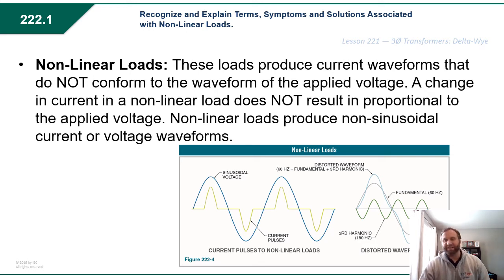In many cases, this becomes additive upon the neutral, especially in a Y configuration, which is where nonlinear loads are actually more of a problem. You don't have any problems with nonlinear loads in a delta configuration because the waveforms are not additive. The term for it is they're trapped in the delta configuration and dissipated.